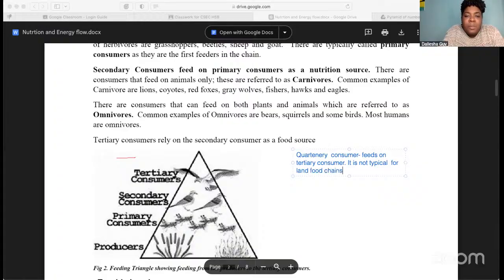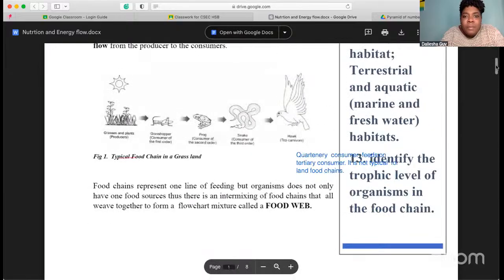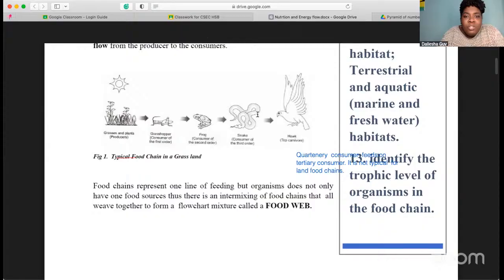I'm going to explain why. All right. So note that it's there, it's possible, but it's not typical. If we go back to the first chain, we had the primary, secondary, tertiary, and quaternary. So it's possible, but it's not typically seen. I'm going to explain to you why.